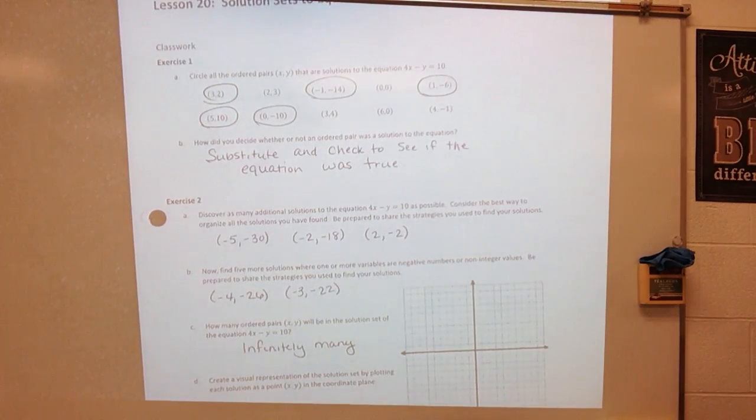Create a visual representation of the solution set by plotting each solution as an xy point in the coordinate plane.